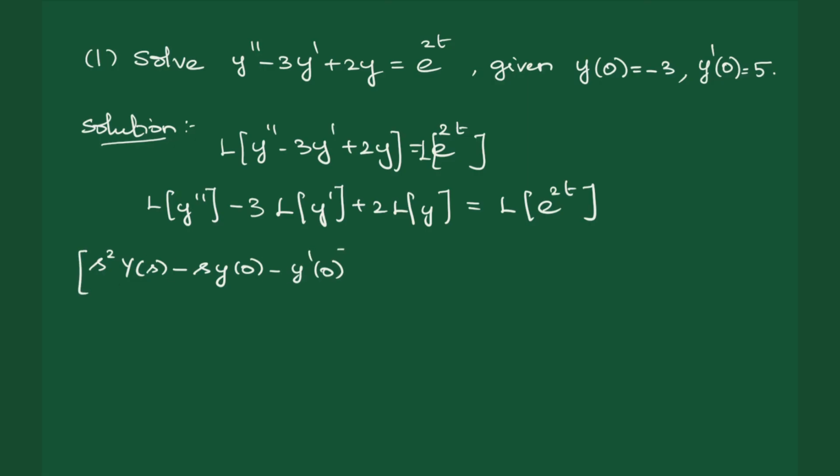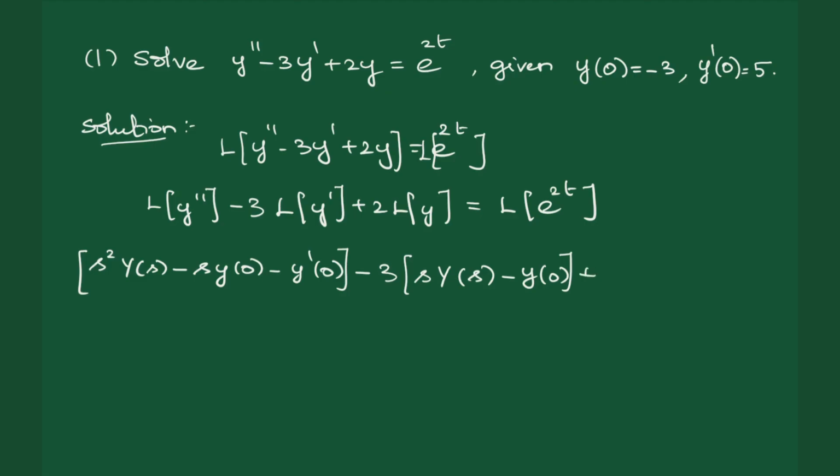So this is the formula for a second order derivative, minus 3 into L of y dash. For y dash, we have to use the formula for first order derivative, that is s into capital Y of s minus small y of 0. So here capital Y and small y play different roles. You should be very careful in writing lowercase and uppercase alphabets.